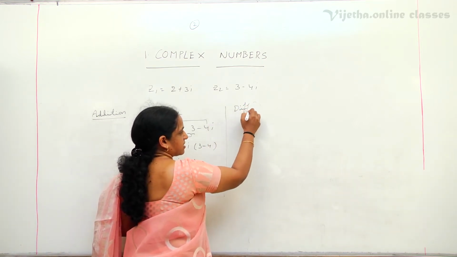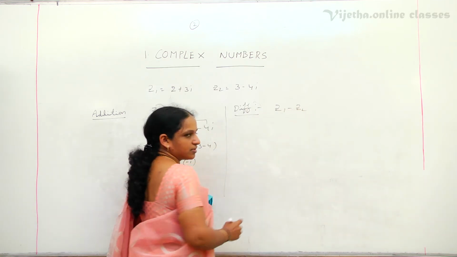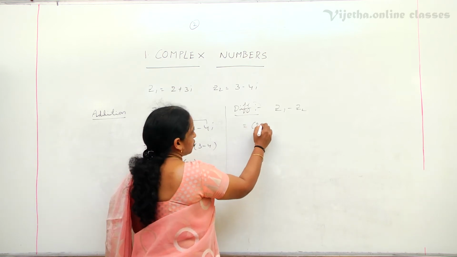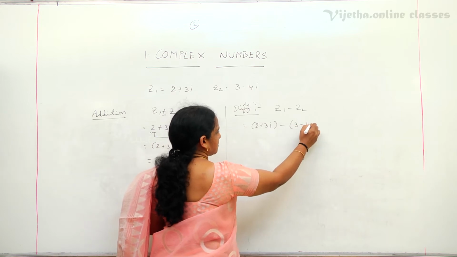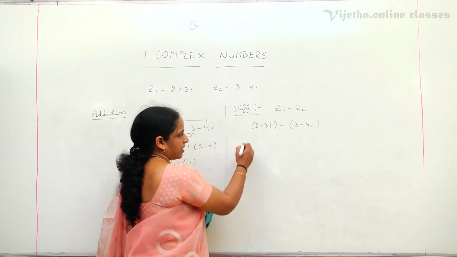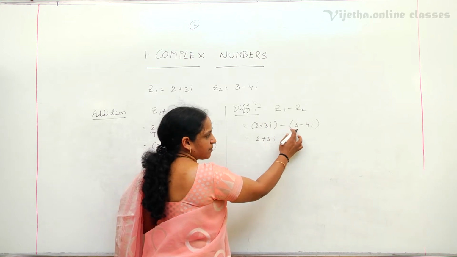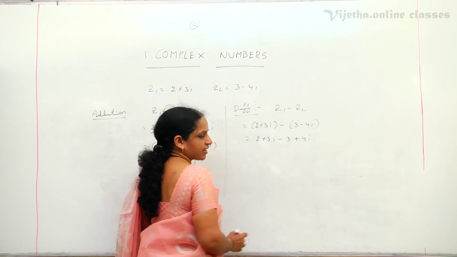Next one is difference. Difference of the complex numbers means Z1 minus Z2. Here Z1 is 2 plus 3i minus of Z2, which is 3 minus 4i. So 2 plus 3i minus 3, minus of minus plus 4i.